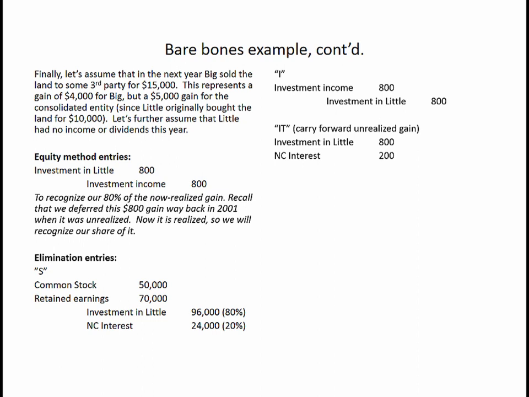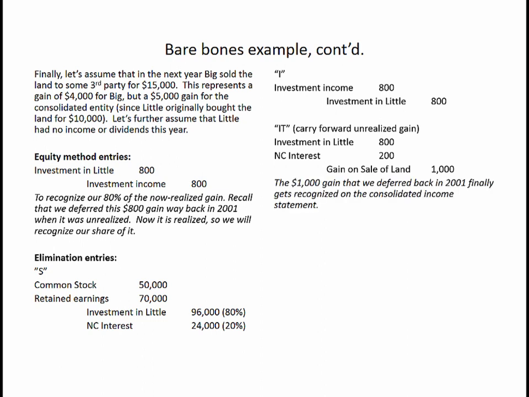Now we have the intercompany transaction entry, where again we're carrying forward that unrealized gain for the last time. And again, this is based on beginning of year balances. We're going to reduce the investment in Little by $800 again, and the non-controlling interest by $200. And now, instead of reducing the land by $1,000 as we did last year, we're going to finally put that $1,000 gain on sale of land on our consolidated income statement.